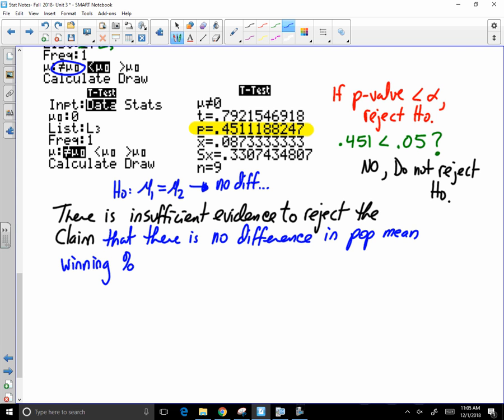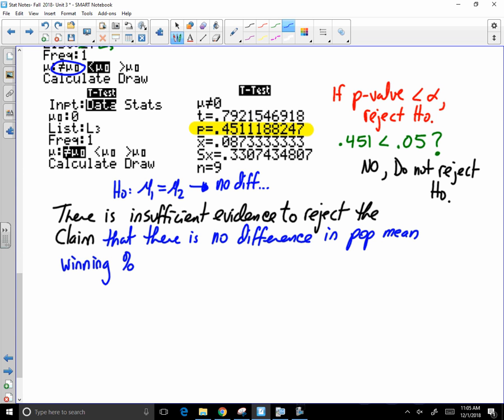You can be more specific if you want, but I think that gets the job done. We know we're talking about a team. Specifically, the data points to the fact that it's the New York Giants. It talks about before and after a bye week, whatever the hell a bye week is. You don't need to know that. The fact that we've addressed that we're talking about a difference in population mean winning percentage, I think we've gotten the job done.